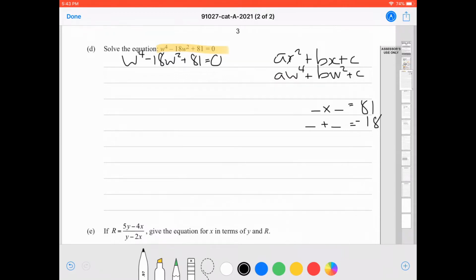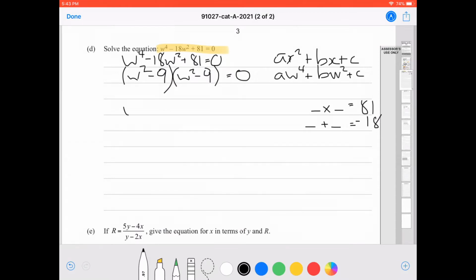So we're going to say w, and not w by itself, but w squared rather, minus 9. And we could raise that to the power of 2, but let's write out the brackets. w squared minus 9. Okay, so we've just factorized our equation.